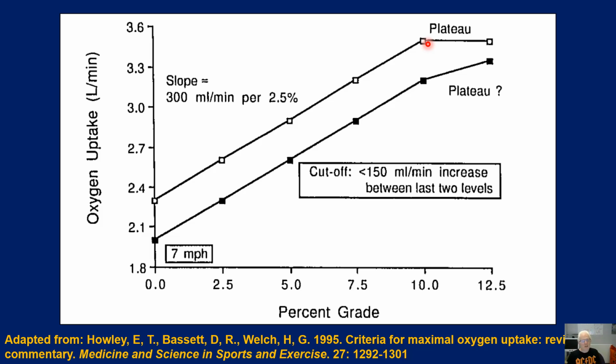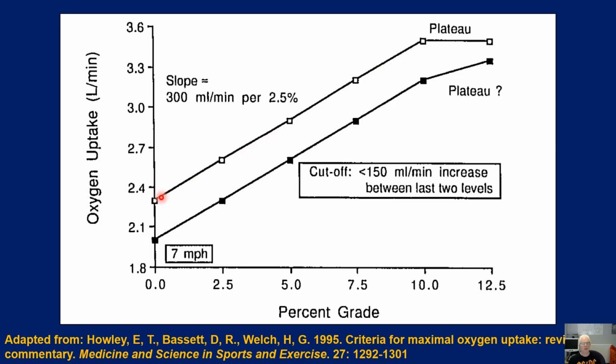A number of things to understand is, well, firstly, where does 150 mil per minute come from? Well, in the original Taylor paper, and as has been to a degree replicated here, the argument that was made was, well, you've got to come up with a way of defining the plateau. You can't just simply go at its level, because that's eyeballing the data. So what they looked at was what was going on submaximally.